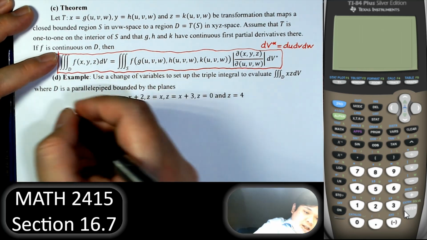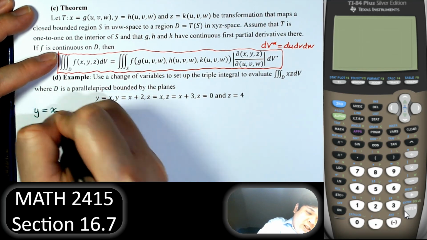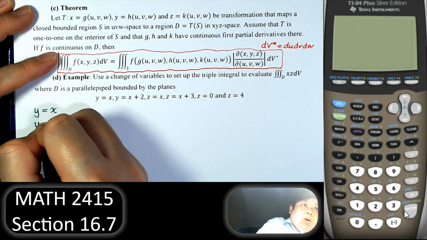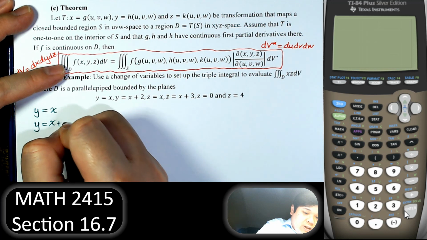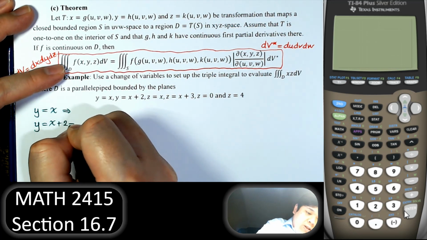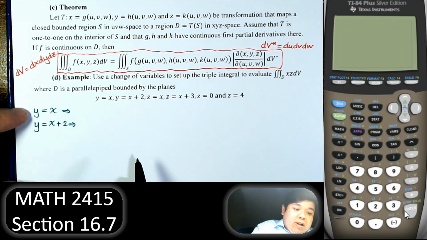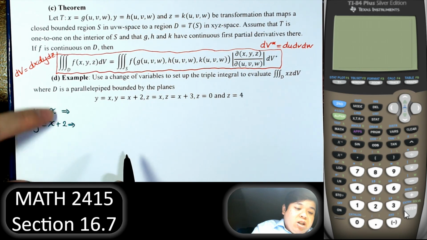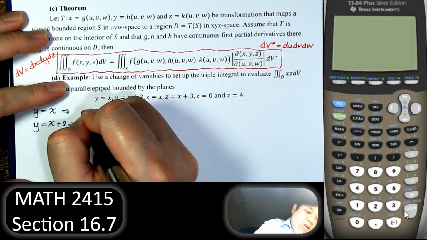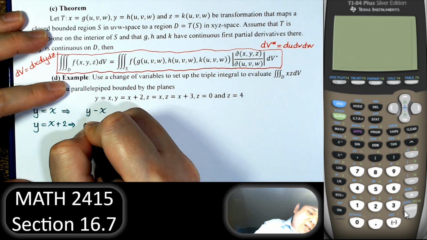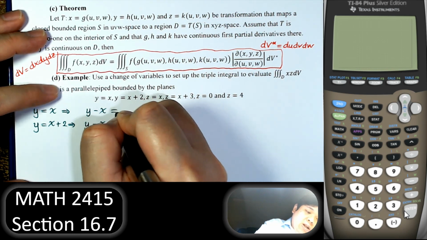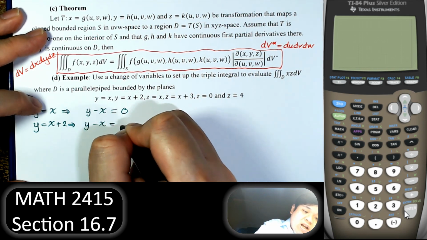Right, so y equal to x and y equal to x plus 2. Let's keep positive on the left hand side, so move the x over: y minus x equal to 0, y minus x equal to 2.